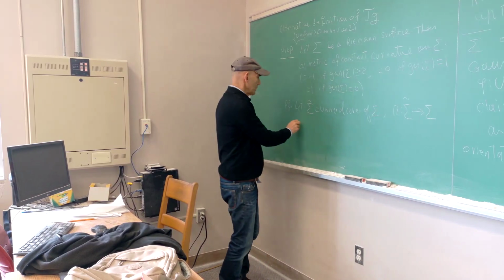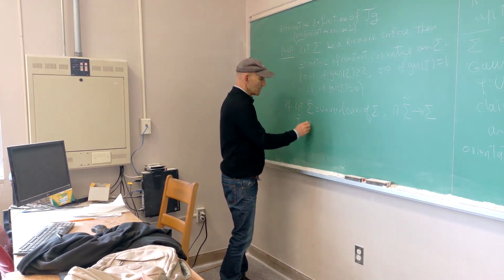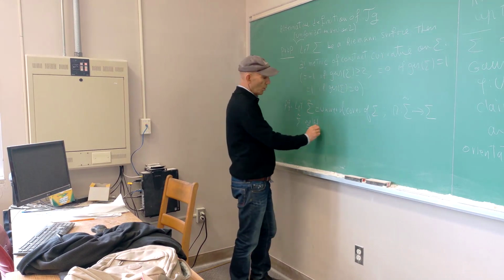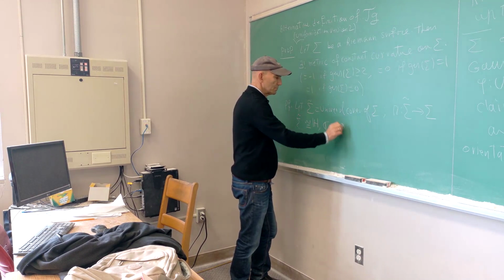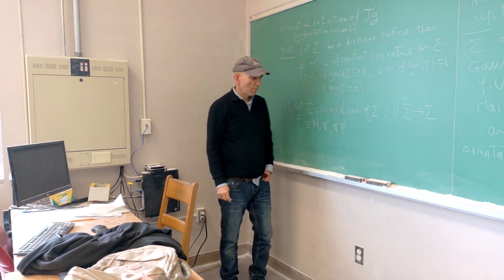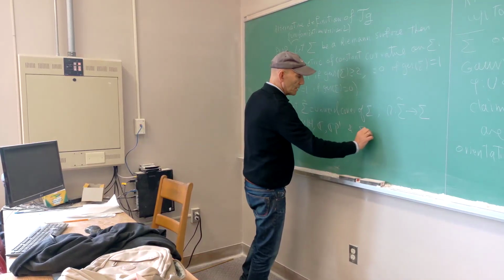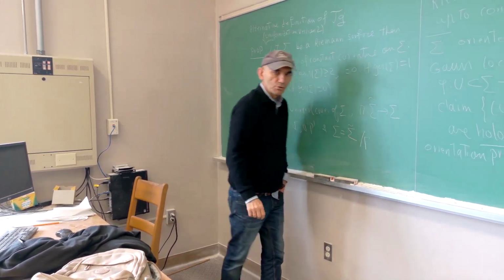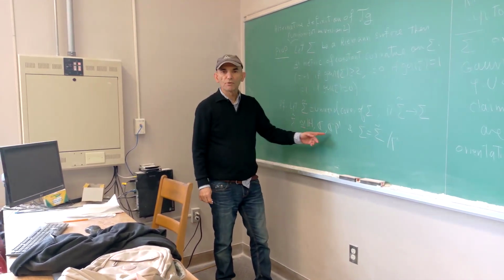Okay, now this sigma tilde is either H, the upper half plane, or the complex plane, or CP1, right? And we know that sigma is equal to sigma tilde divided by some group gamma. This group is a discrete subgroup of the automorphism group of one of these things.